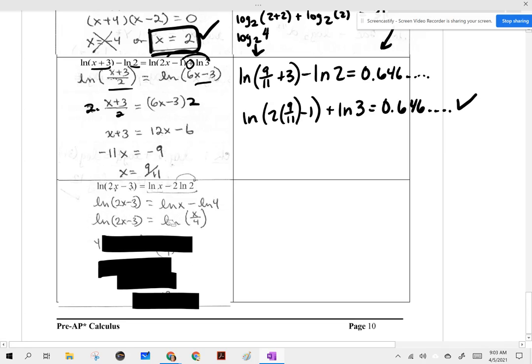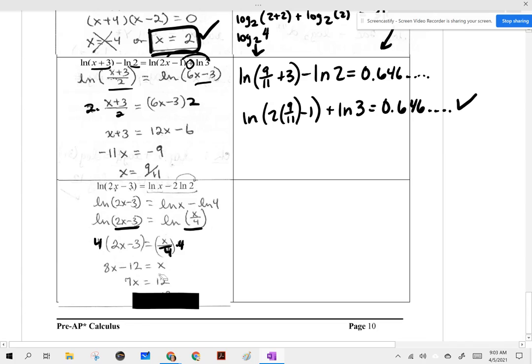So again, using properties, getting them to be equal to each other so I can set the arguments equal. Again, anytime you have a fraction, multiply both sides by that denominator, distribute, and we get 12/7.